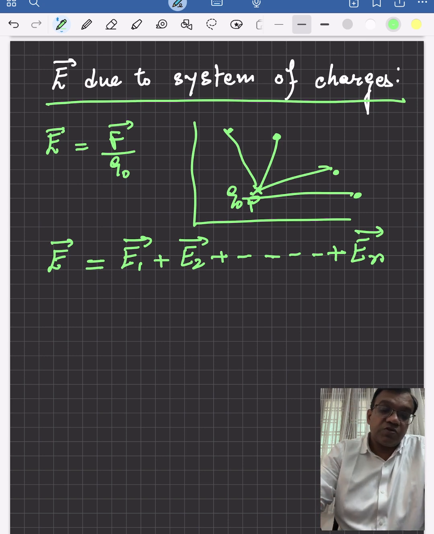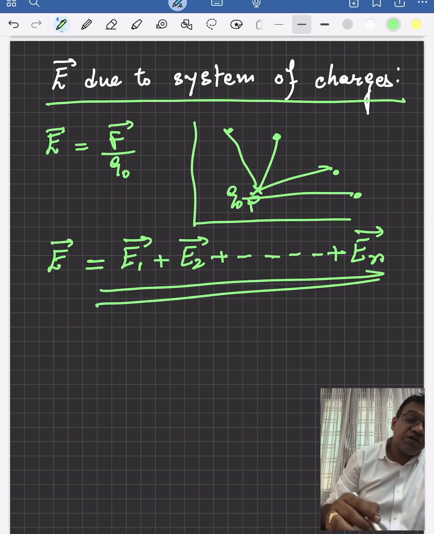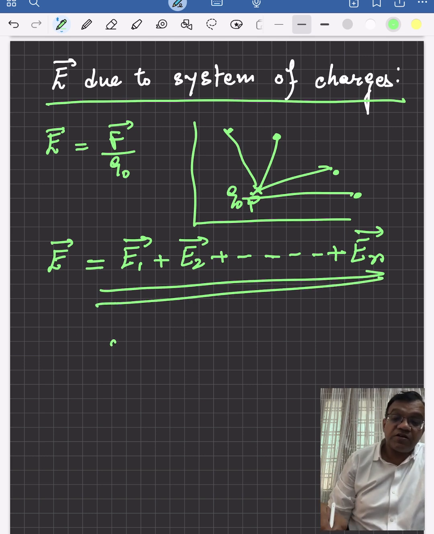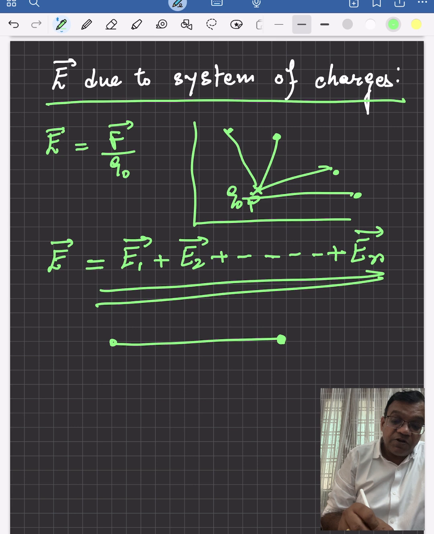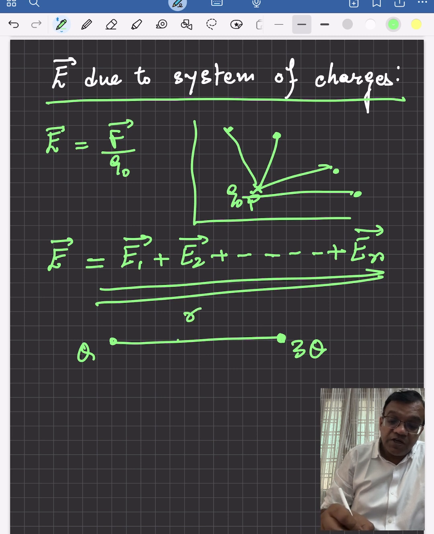Most of the things we have discussed in force, similarly you can solve the questions here also. You have to remember electric field intensity is a vector quantity. So when you are adding these, say for example you have 2 point charges, q and 3q, at a distance of r, and you have to find the electric field intensity at a distance of r by 3 from here.